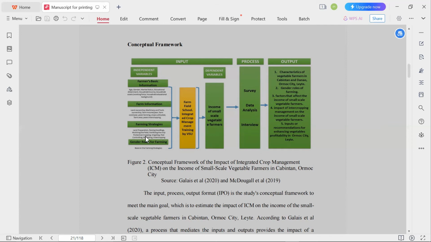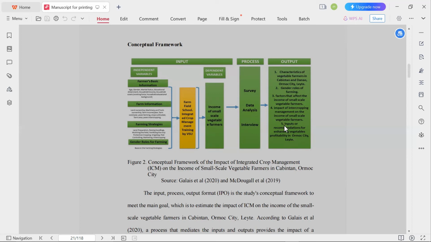So this is based on my questionnaire, and there is an intervention which is the farming field school, and then the dependent variable is the income of small scale farmers. It is called the dependent variable because it depends on the information of the farmer, the farm information, the farming strategies, and the gender role. Then for the process, I conducted a survey, data analysis, and interview, and then the output is your objective.